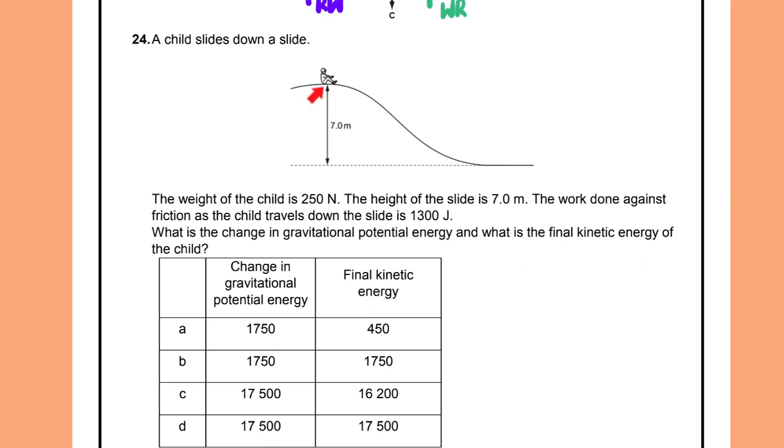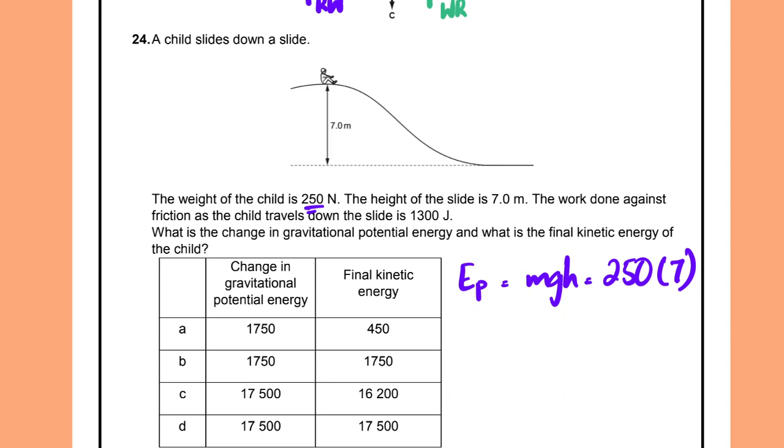So when this child descends through all of this height, he is going to lose all of this GPE. So I have the weight. So if I think about the formula, mgh, I already have mg as 250 and the height is 7, right?